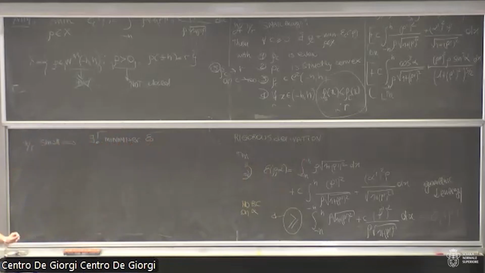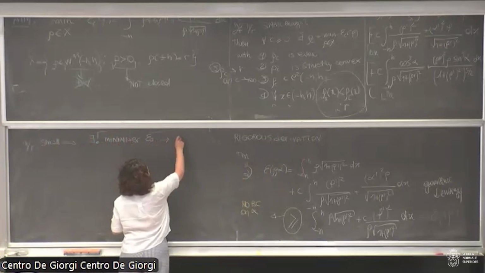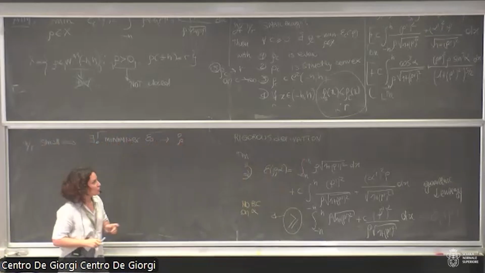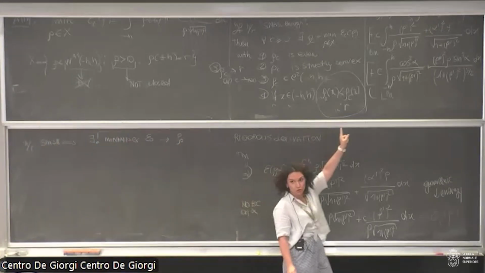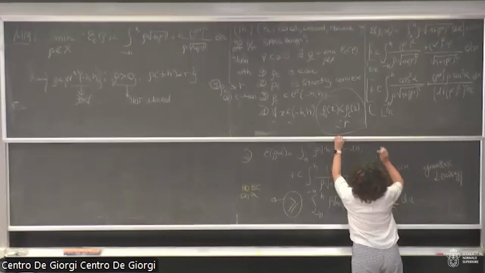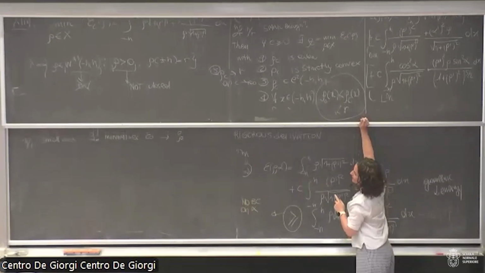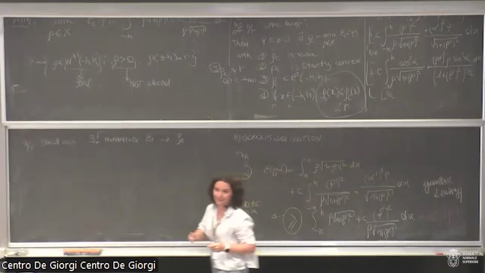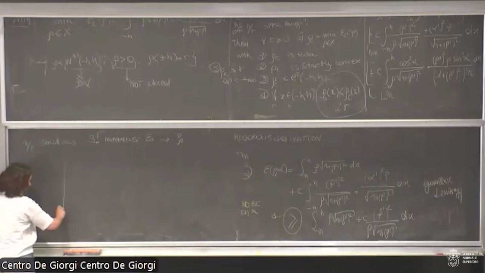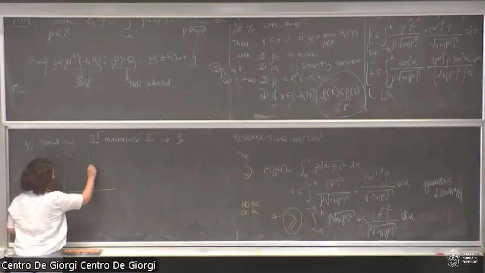We are exactly in this regime, and I'm defining this minimizer as rho 0. So this inequality says that our solution lies strictly above the catenoid, and they touch just in the boundary points.